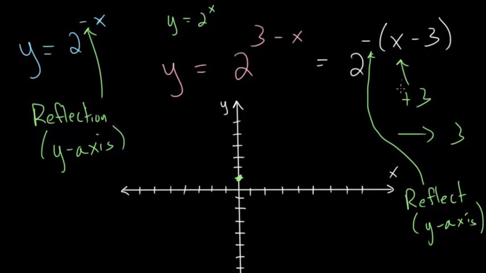So then we just have to shift it right 3 units. So we're over here. And now a normal function would look like this. That would be a normal growth function. But since we reflected it, we expect our function to come down like that.